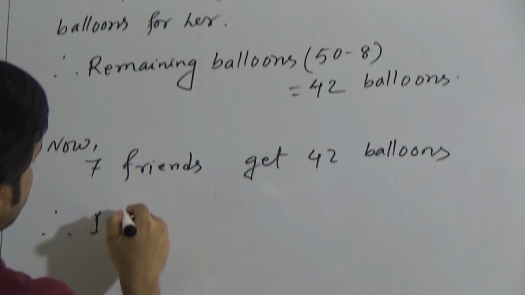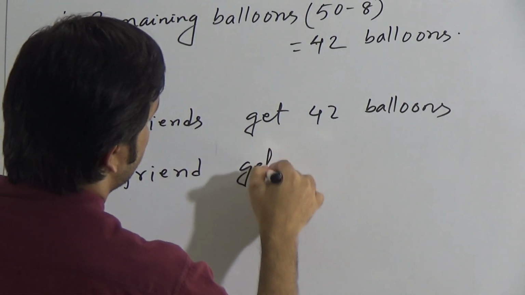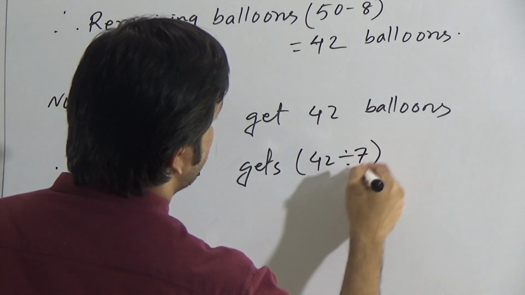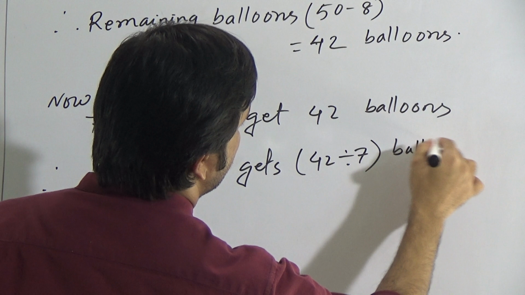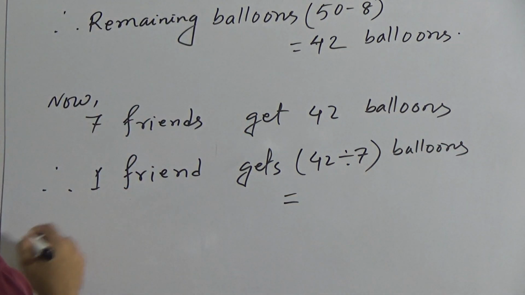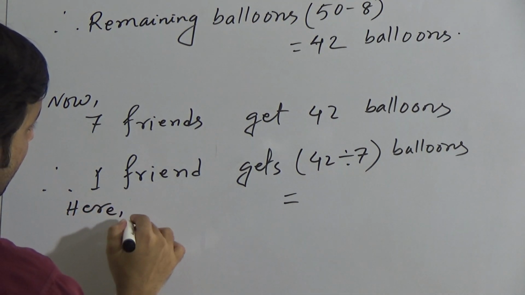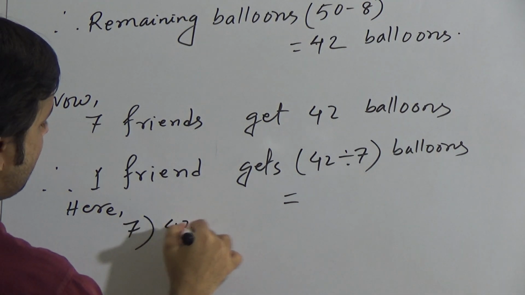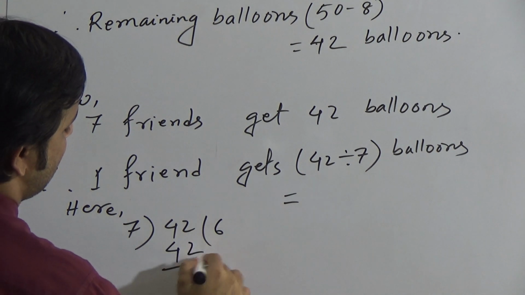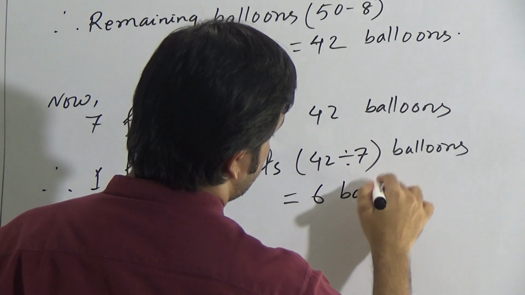Therefore, 1 friend gets, we have to divide 42 by 7. Now we have to divide 42. 7 6's are 42. So we can write 6 balloons.